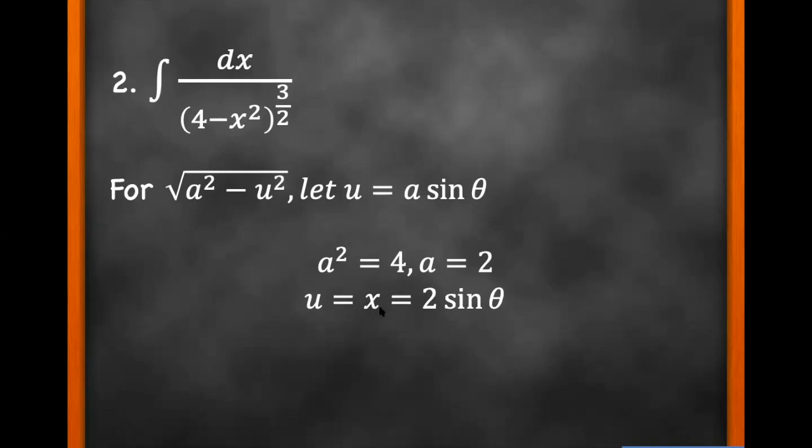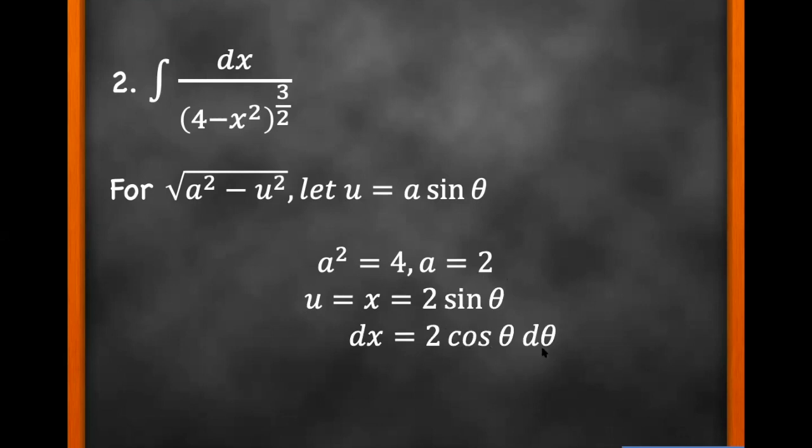So we replace x by a sine theta, where a is equal to 2, so x equals 2 sine theta. Of course, we need to replace dx, so we have to differentiate this. So we have dx is equal to 2 times the derivative of sine theta, which is cosine theta d theta.